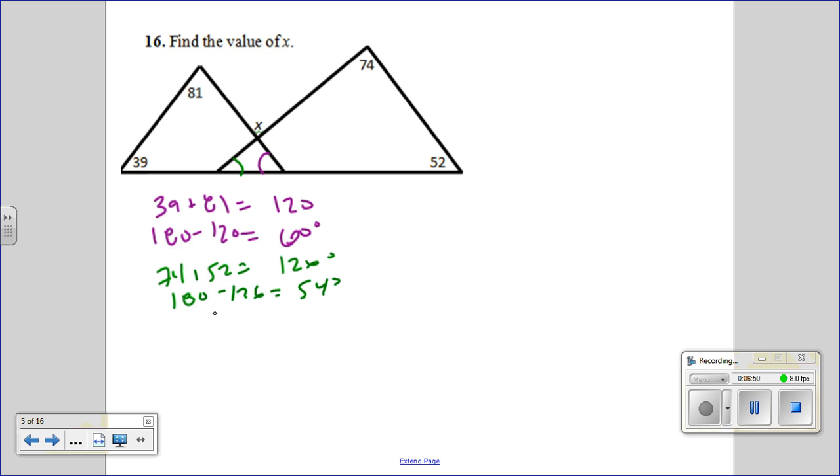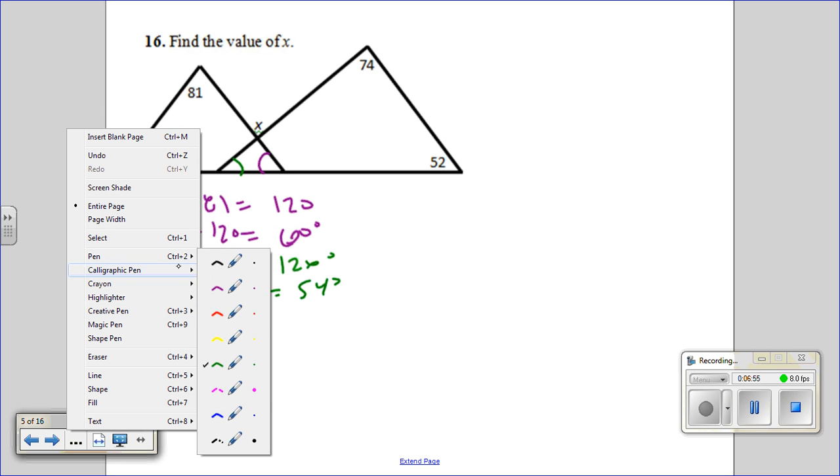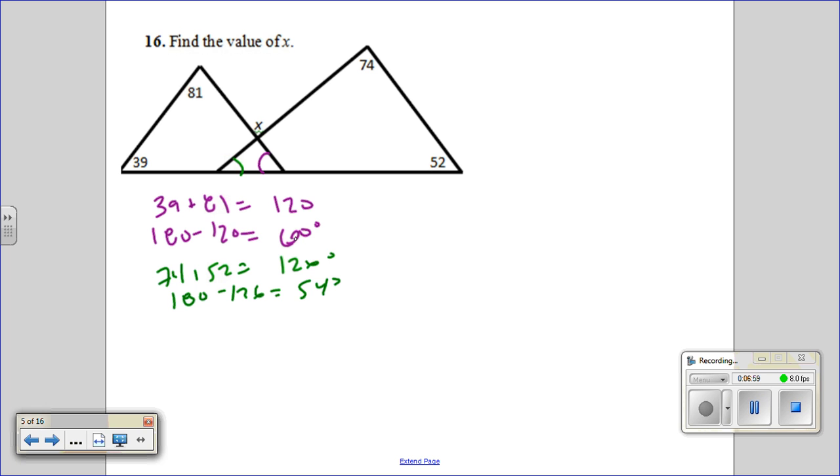And lastly, I would take those two angles I just found, the 60-degree and the 54, and combine them to help me find the last angle in that smaller triangle.